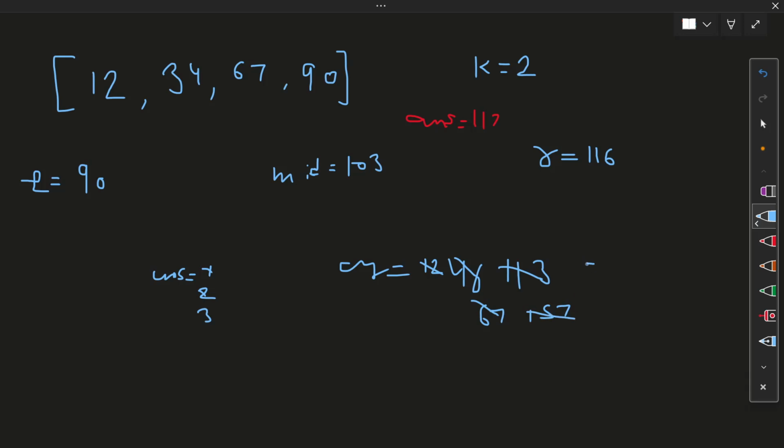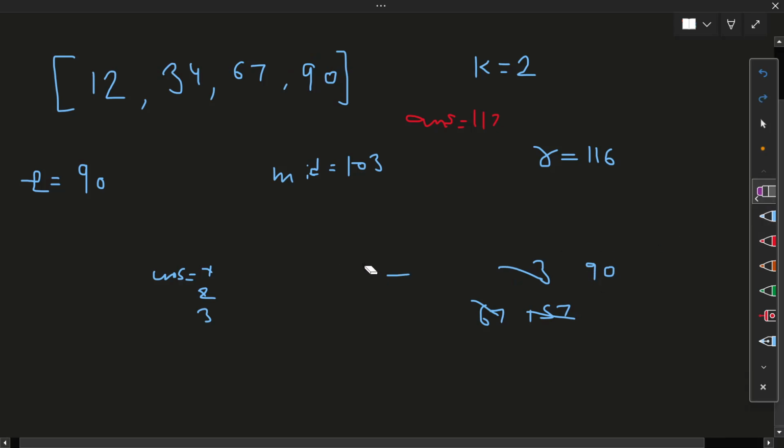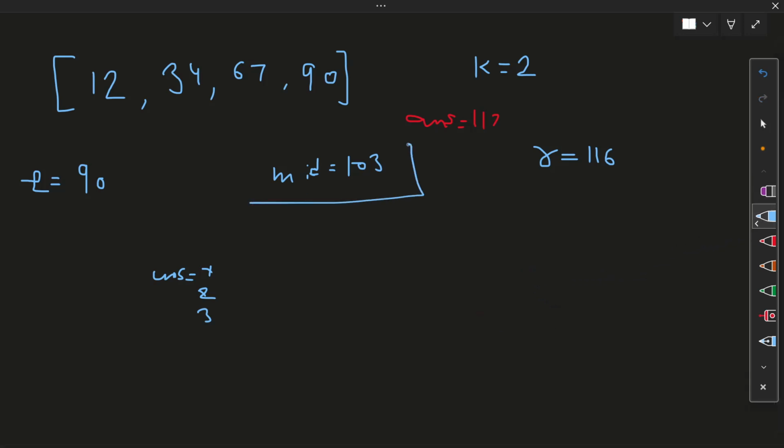So this is not the answer. So the third person will read this book. Then that's it. If we allocate 103 pages to one person, then how many persons do we need? We need three persons, but we don't have three students. We only have two students. So three is not the correct answer.